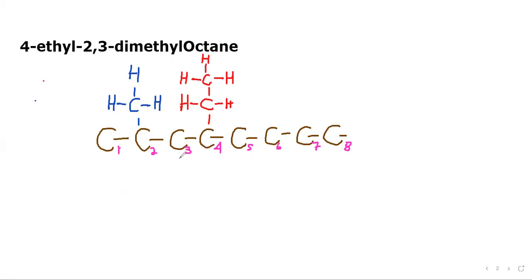Then on the third carbon atom, I'm also going to draw an alkyl group called a methyl group, right? So that's basically how you draw it. Then it's a matter of making sure that each and every carbon atom has enough hydrogens attached to it.